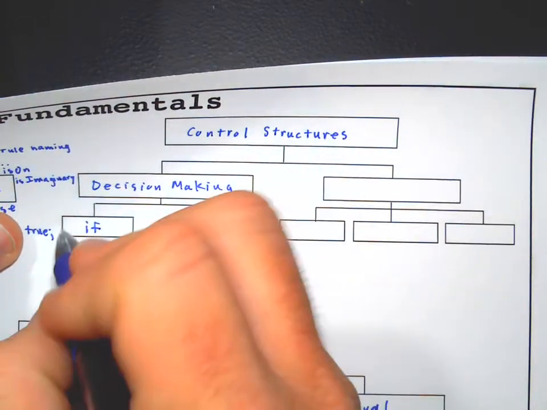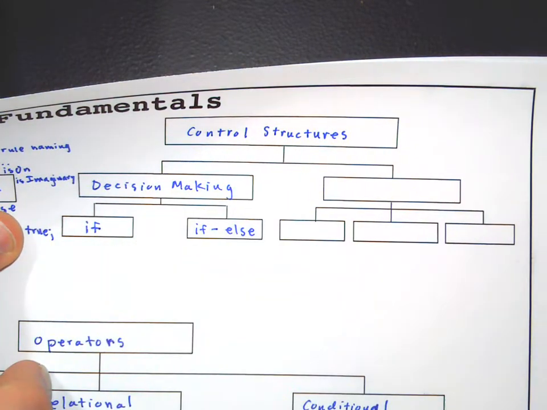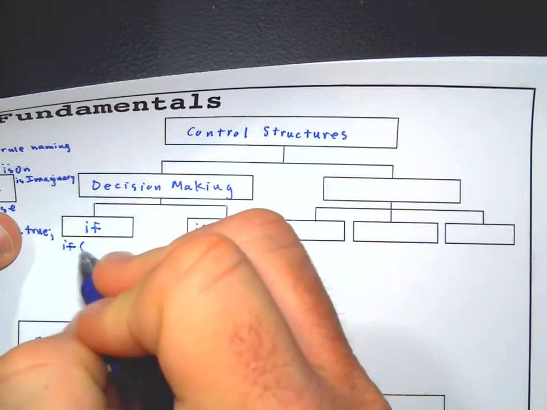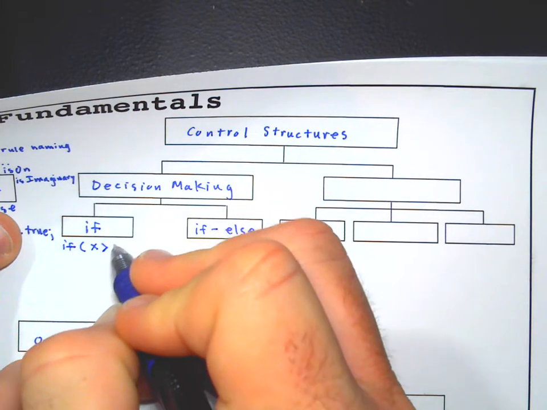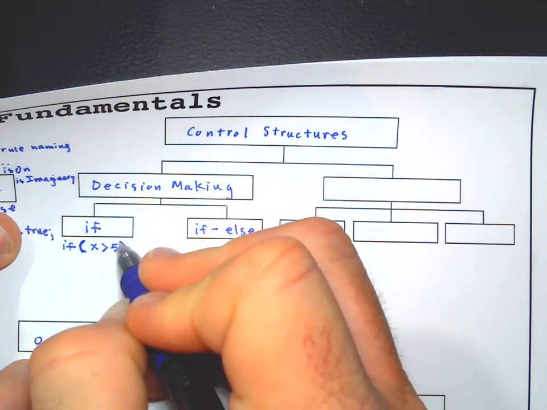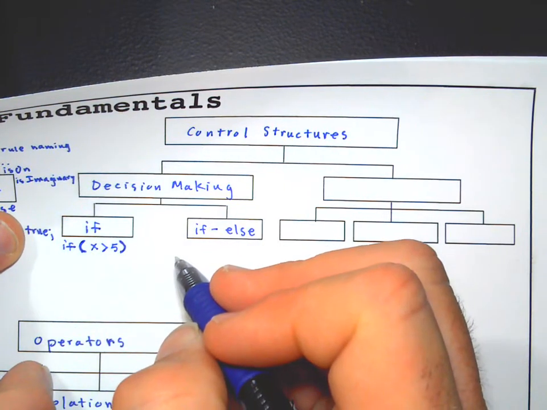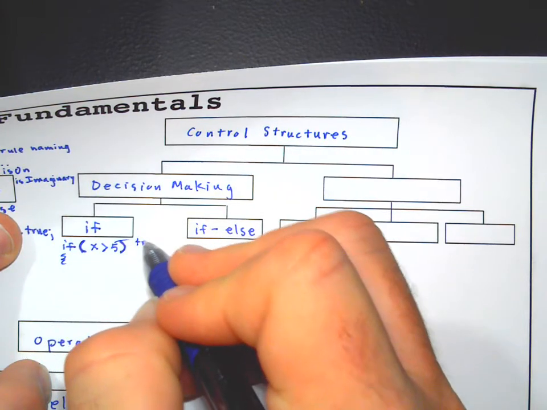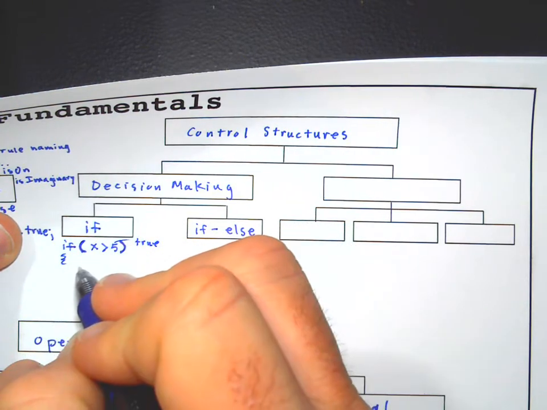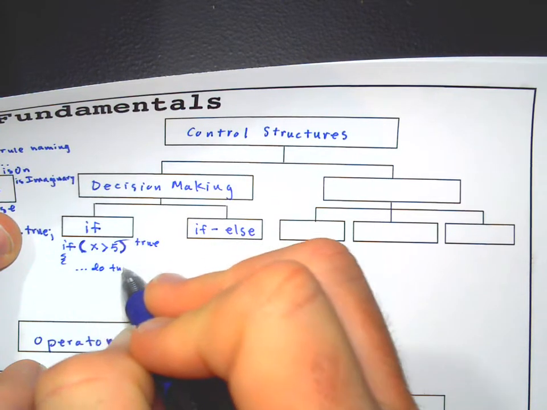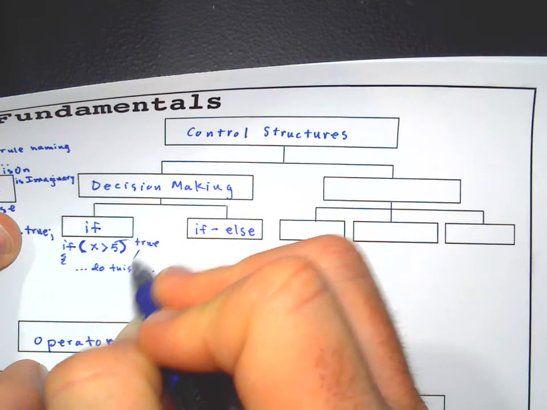And so, just as a little example, we could say if x is greater than 5, you'd put it in parentheses. That's the thing you're testing for. And when this is true, then you do this, whatever it is, right?